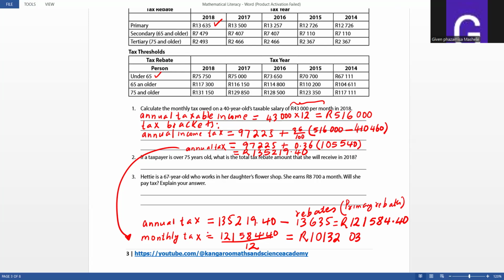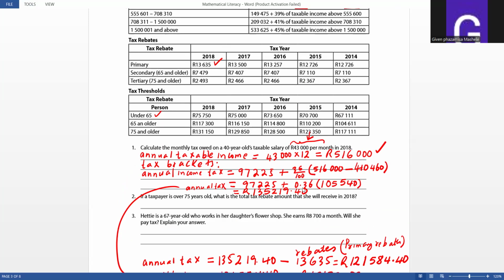But if this person was on any medical aid scheme, we're going to subtract the medical aid based on the dependents. So first of all, we're given a monthly taxable income. We multiply that by 12 to get an annual income. Then we check whether the person qualifies to pay tax or not. Then we identify his or her tax bracket. Then we calculate based on the minimum amount that he qualifies to pay, plus the percentage indicated on the tax table, based on the taxable income which is above what is indicated on the tax table.